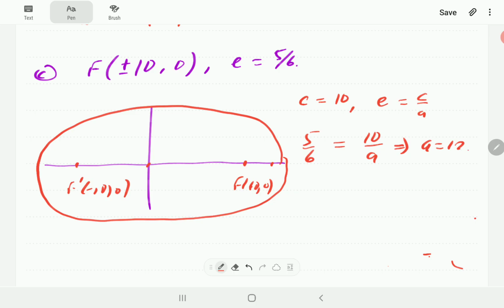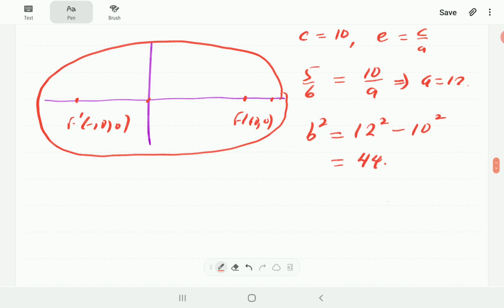So a is equal to 12. And then now we can find b. We know that c squared plus b squared is a squared, so b squared is going to be a squared minus c squared. That means b squared is going to be 44.